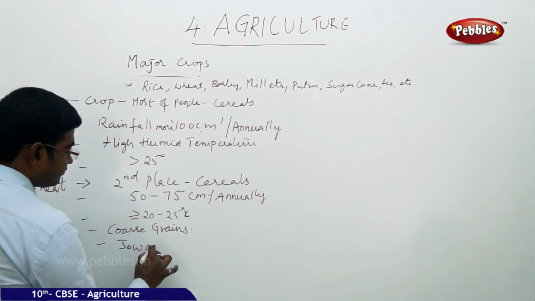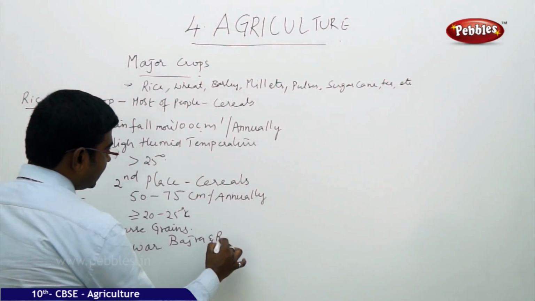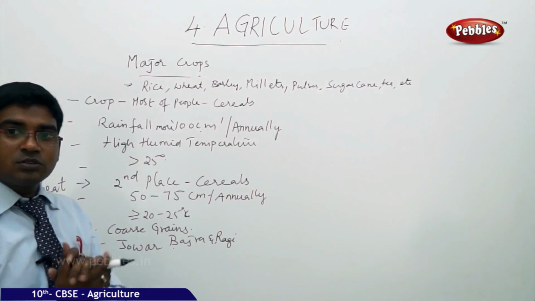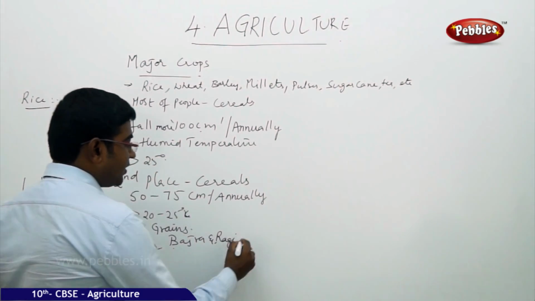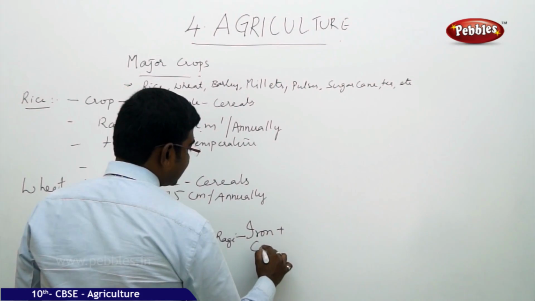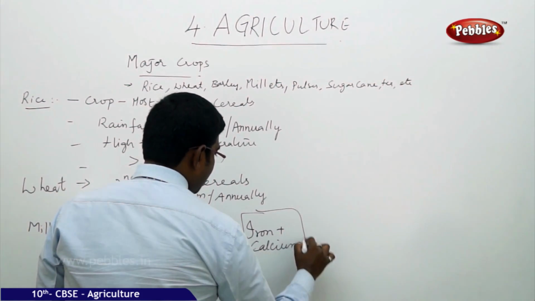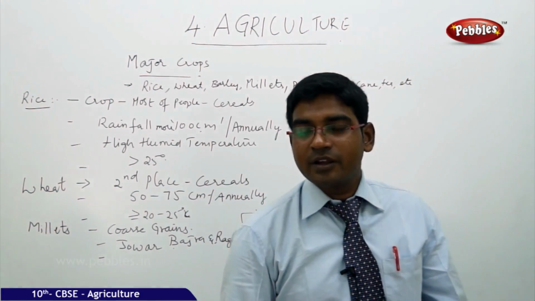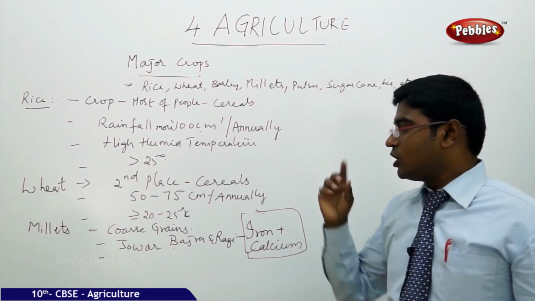Jowar, Bajra and Ragi come under the category of these coarse grains. These coarse grains are very rich, having iron plus calcium, which is preferred by almost all categories of people.